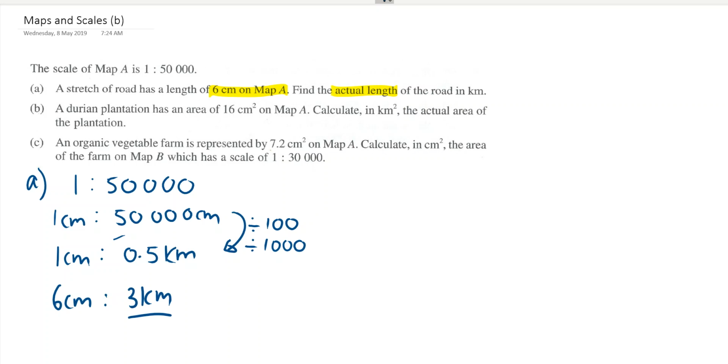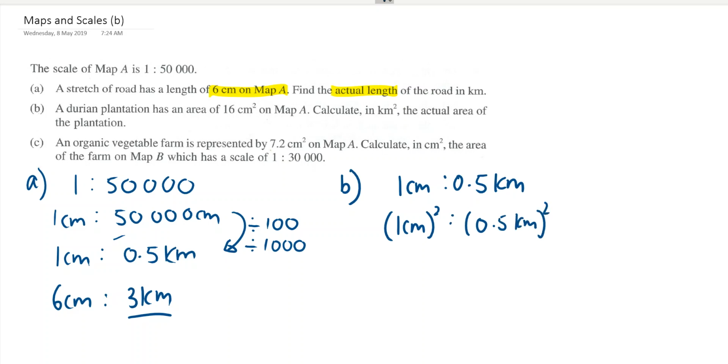Now a durian plant has 16 cm square on map A. Remember, when we want to change to area, we have to find a scale for area. So first we write down the linear scale, which is 1 cm is to 0.5 km as my starting position. Now I want to change this to an area scale, which means 1 cm square is to 0.25 km square.